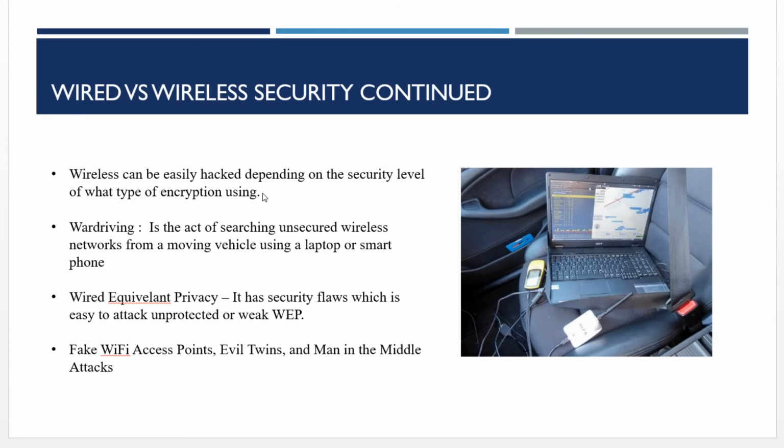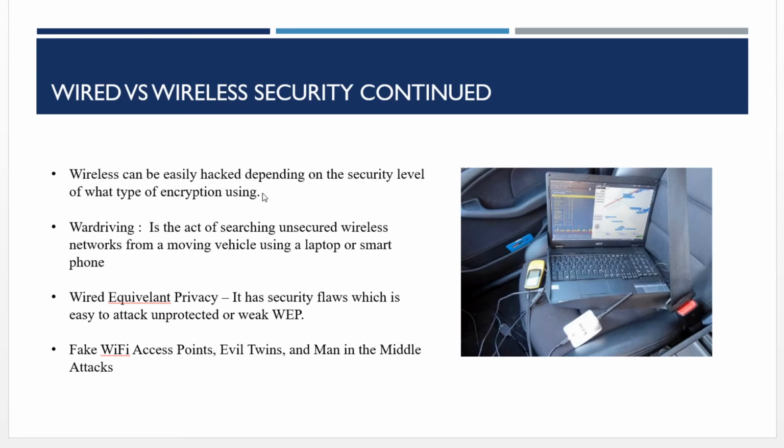War driving is also the act of searching for unsecured wireless networks from a moving vehicle using a laptop or smartphone. You'd be surprised. People will search for those unsecured wireless routers, and then they will attack the person's data, bank accounts, and whatnot.